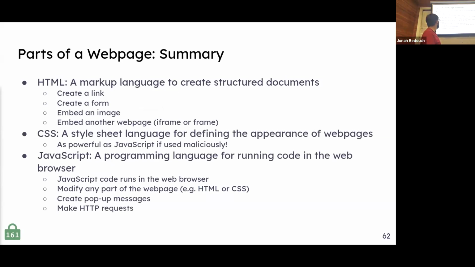And then we talked about parts of a web page. We said we have HTML for deciding what our website's content is structured as. We have CSS for deciding how our content looks. And we have JavaScript, a scripting language that lets us make our website dynamic.